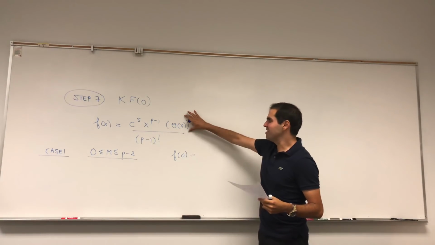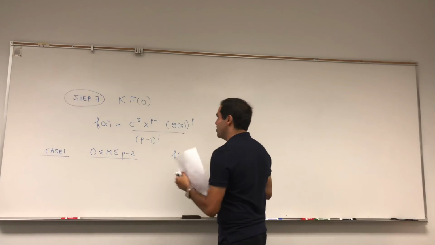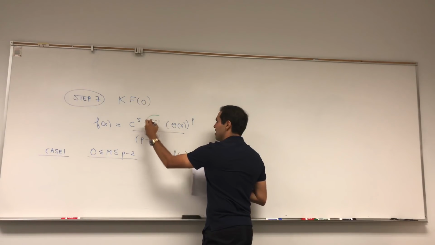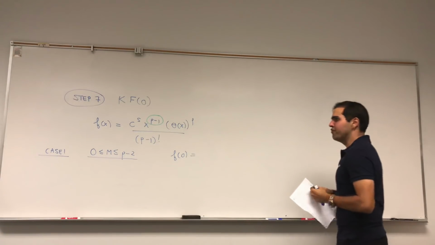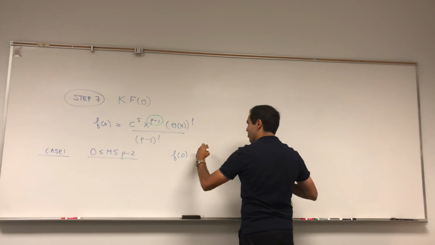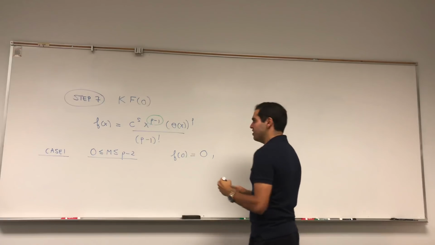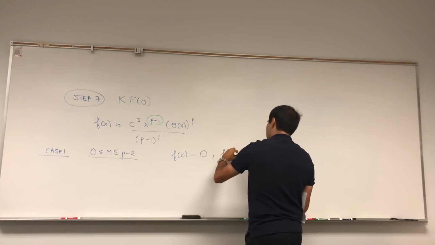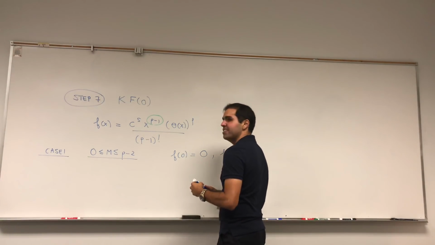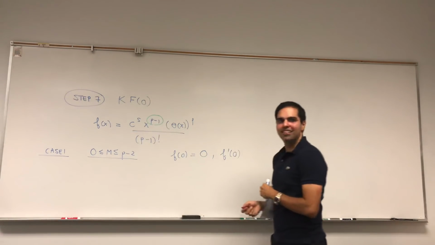Interestingly, before it was the term theta that was important, now it's the term p minus 1 here that's important. Because look, what happens if you plug in 0? Well, you get 0 to the p minus 1. So f of 0 is 0. And if you take the derivative, well, worst case scenario, you get p minus 1, x to the p minus 2.